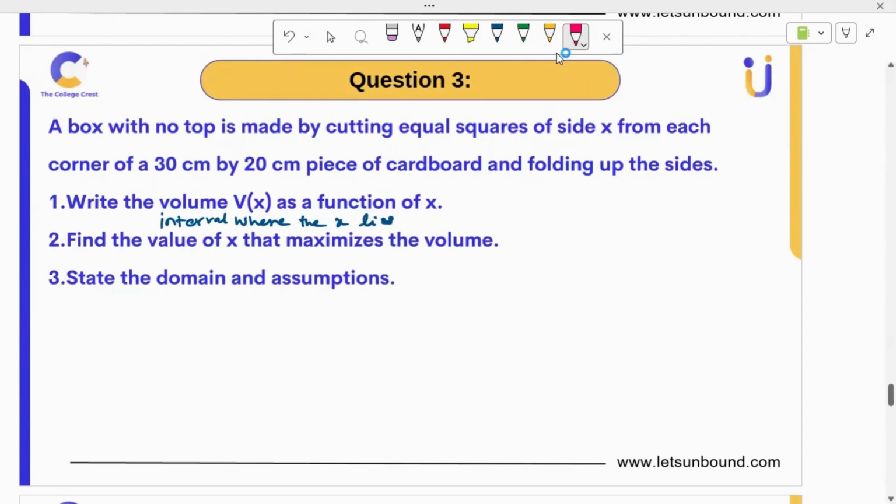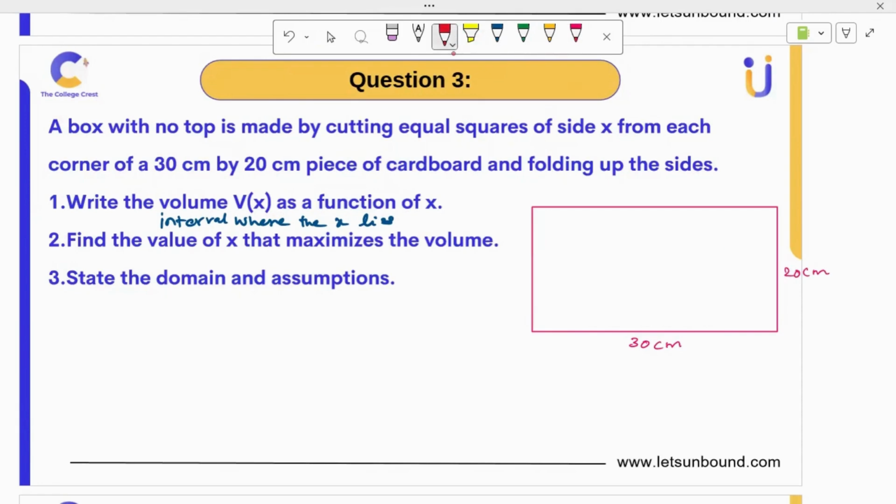Okay, let's understand the problem. A box with no top, we are making it like a baking tray. And how are we making it? We are cutting it from a cardboard which is 30 by 20 centimeter. We are cutting equal squares of side x from the corners. So in this corner, I will cut a square of side x. Here, I will cut a square of x.